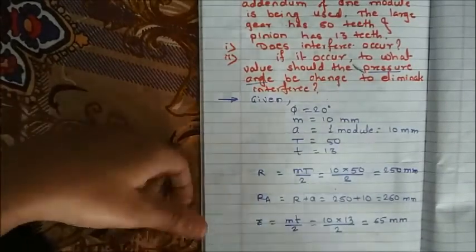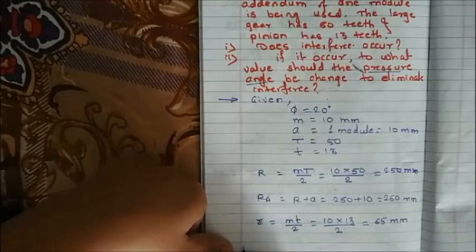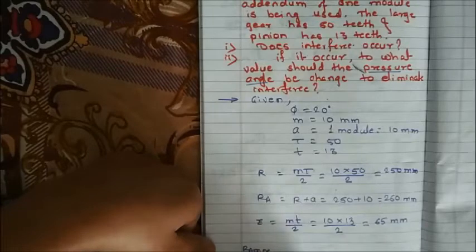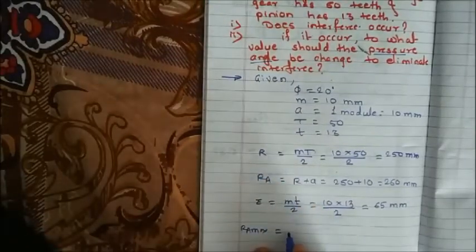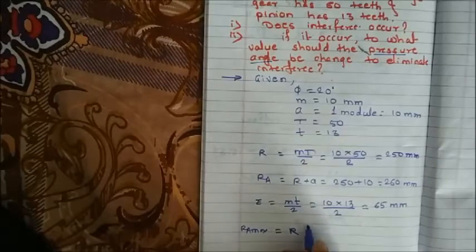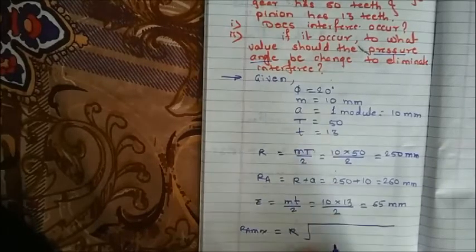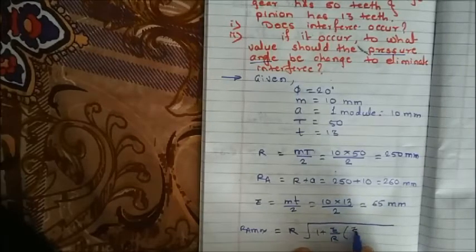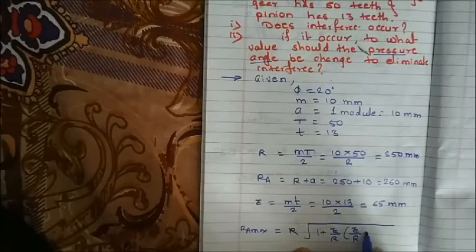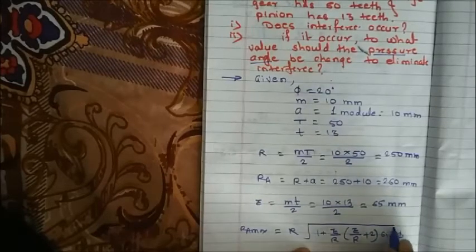Now let us calculate RA max, because after we get RA max we can compare RA with RA max. It is capital R under root of 1 plus small r upon capital R into bracket small r upon capital R plus 2 sine square phi.